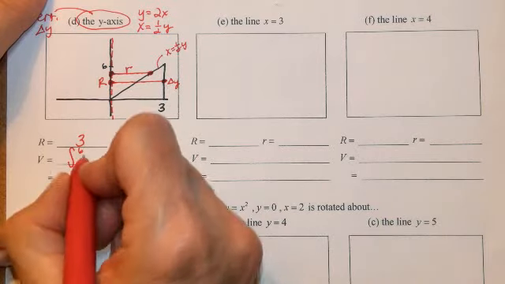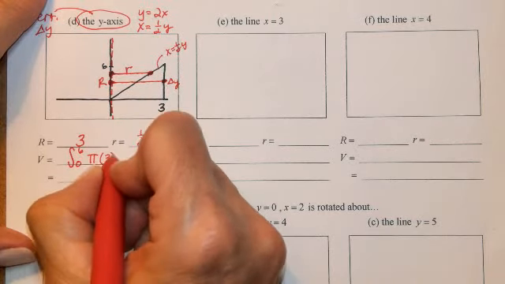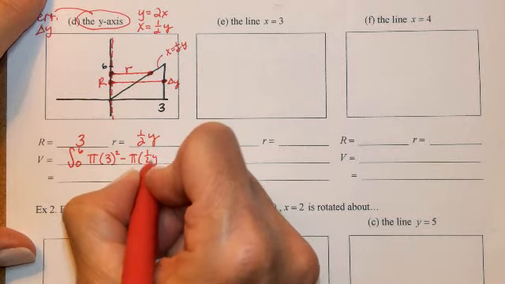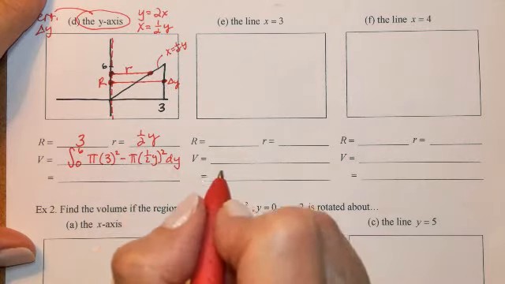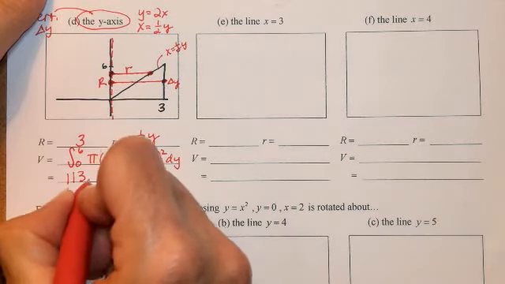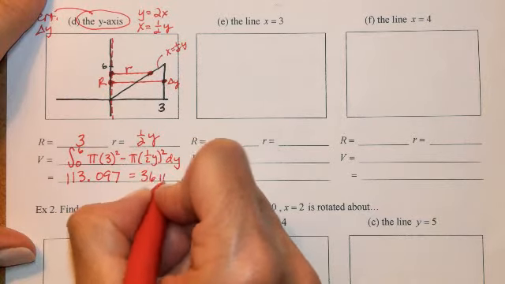And then we have pi times big R squared minus pi times little r squared dy. That goes into your calculator, and your calculator spits back 113.097, which is still 36 pi.